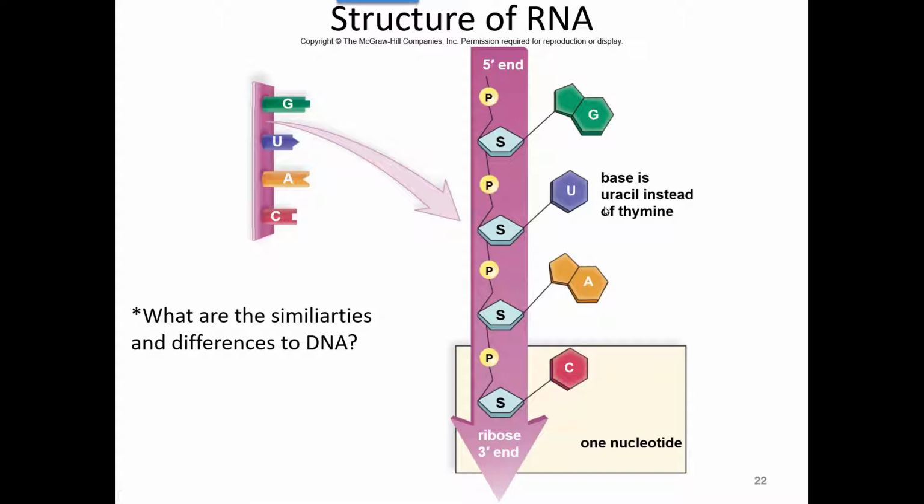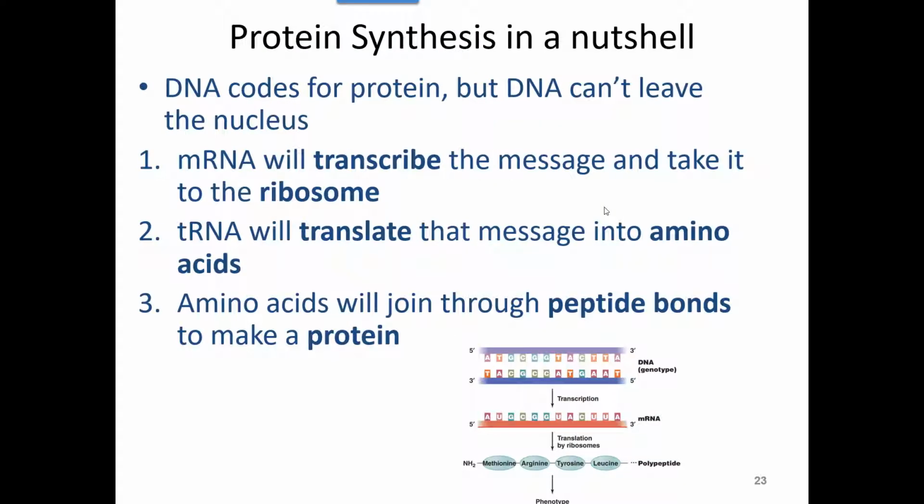So, making protein. Protein synthesis in a nutshell. DNA codes for making a protein. It has the information to make any protein our body needs, but DNA can't leave the nucleus. So we have to make that messenger RNA. It will transcribe the message. It will make a copy of a message, and it will leave the nucleus and find a ribosome.